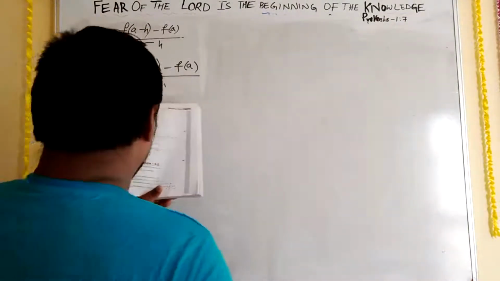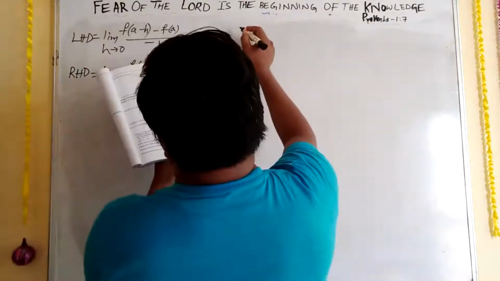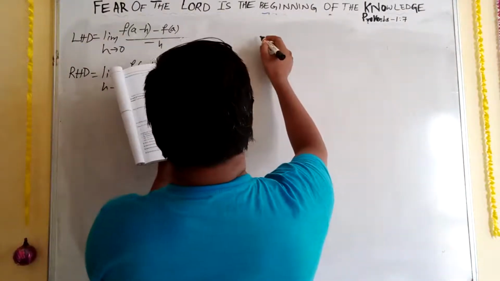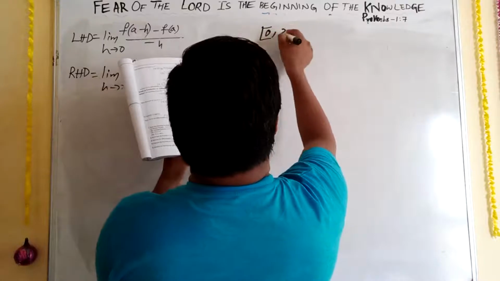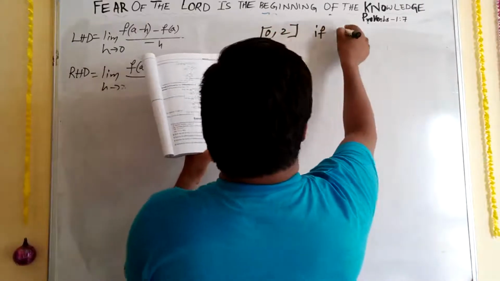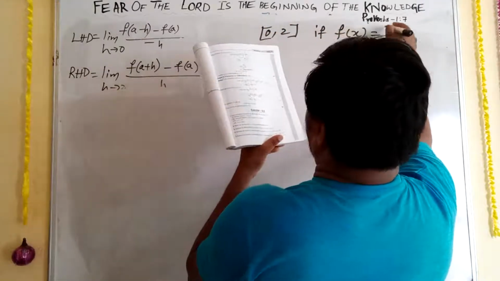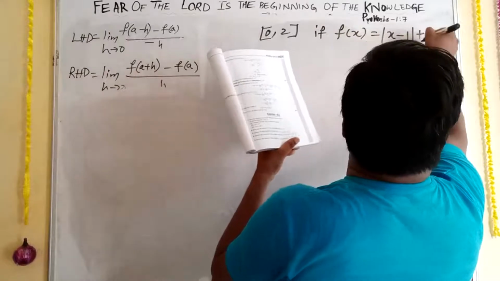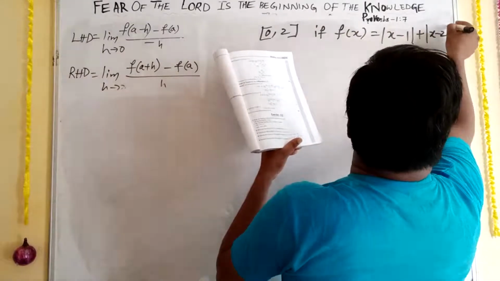Now the fourth one: examine the differentiability of the function on the interval 0, comma 2, if f of x is equal to modulus of x minus 1 plus modulus of x minus 2.